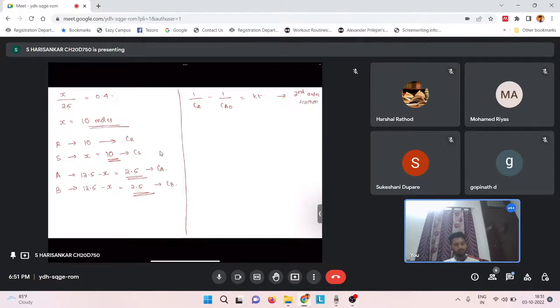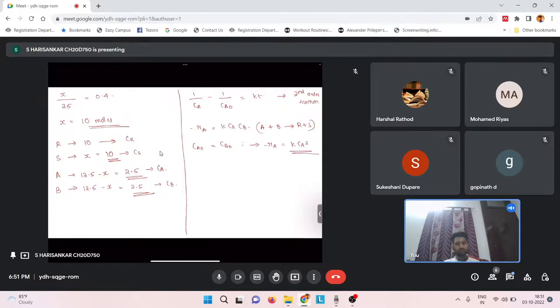Now here the actual rate is minus Ra is equal to K CA into CB, because our reaction is A plus B gives R plus S. But since they have given that CA0 is equal to CB0 and the stoichiometry is also 1 for both the cases, we can approximate this rate as K CA square.